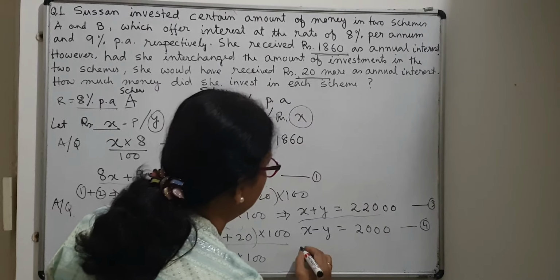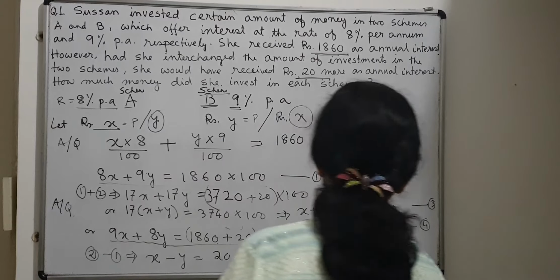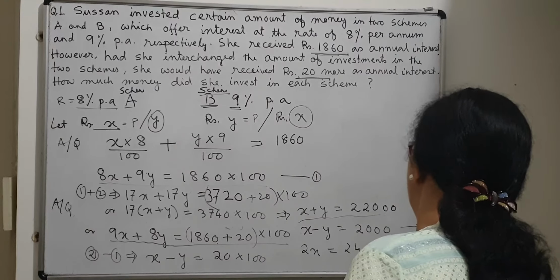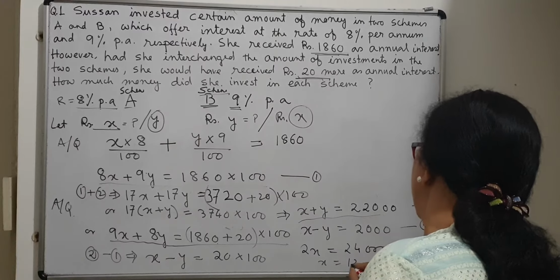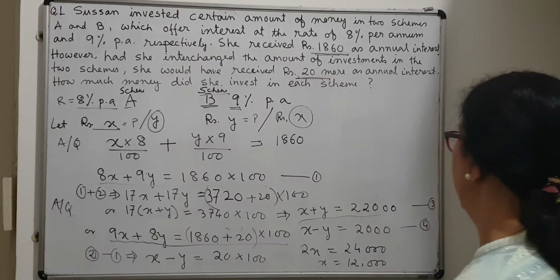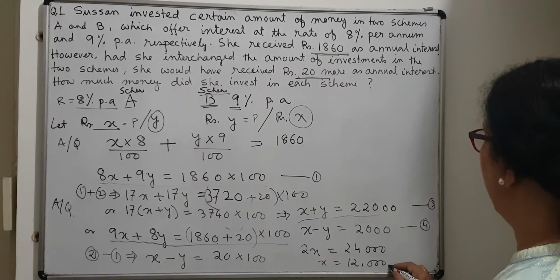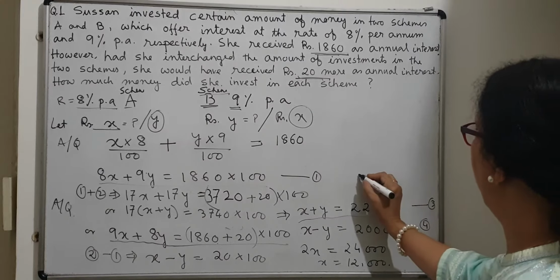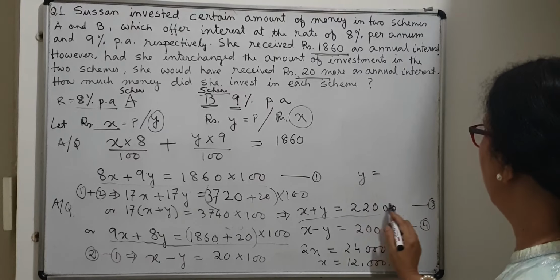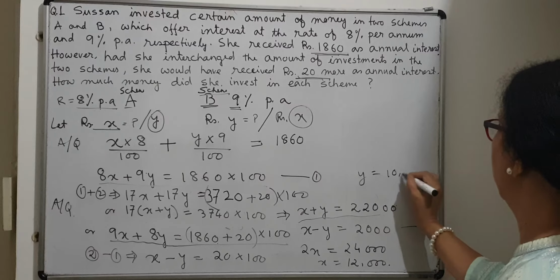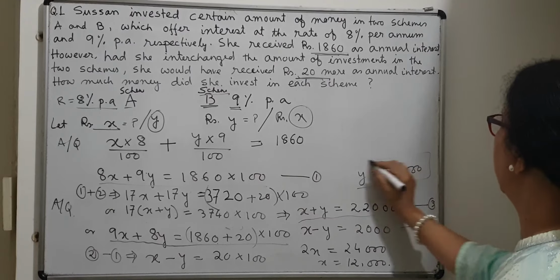So by adding, twice x is equal to 24,000, or x is equal to 12,000. So putting this value here, I will be getting value of y to be 22,000 minus 12,000, which is 10,000. So these are the answers.